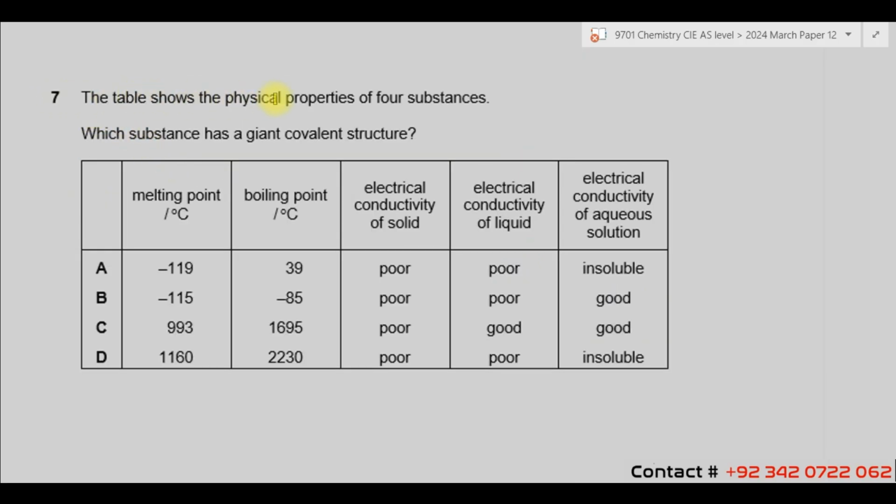Question 7. The table shows the physical properties of 4 substances. Which substance has a giant covalent structure? For giant covalent structure, we have silicon dioxide in mind, SiO2, it is giant covalent. We have diamond in mind. This is also a giant covalent structure. So electrical conductivity of aqueous solution: silicon dioxide and diamond both are insoluble.